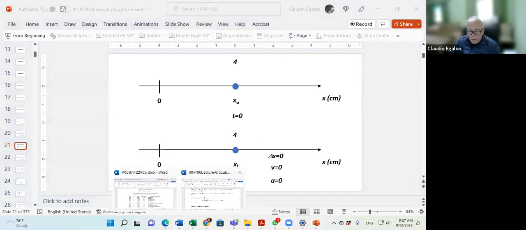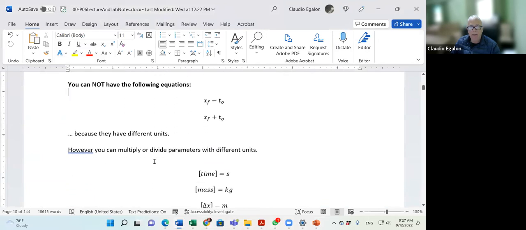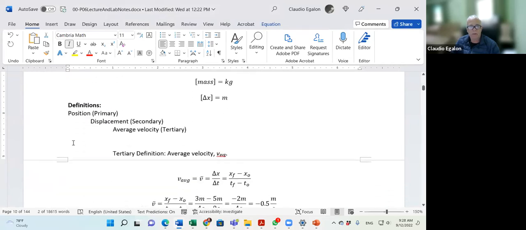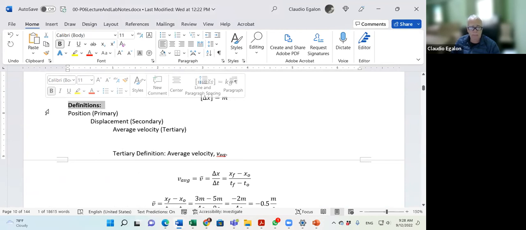So simple enough. Just to emphasize, you cannot sum parameters with different units. You cannot have a summation or subtraction between position and time. That's because they have different units. And that's how our definitions look so far.